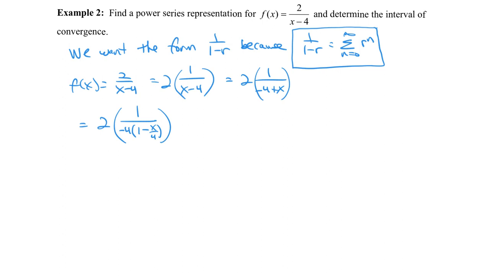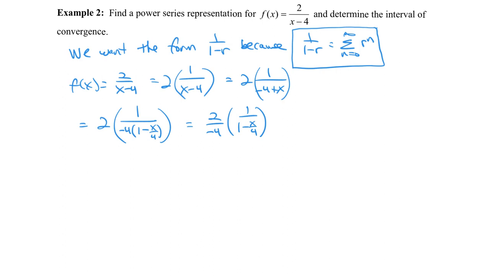Just to verify, we need to get back to negative 4 plus x. If I distribute here, I'll get negative 4. Negative times negative is positive, the 4s cancel and you get x, so we're okay. But then we can pull this negative 4 out here, because really this is negative 1/4. That would give me 2 over negative 4, 1 over 1 minus x over 4.